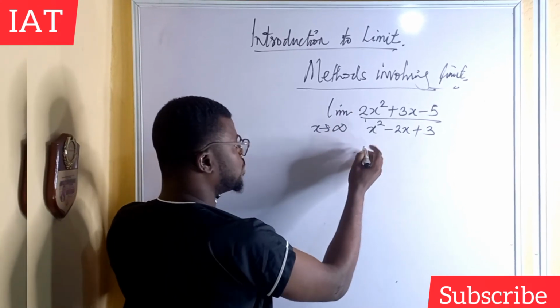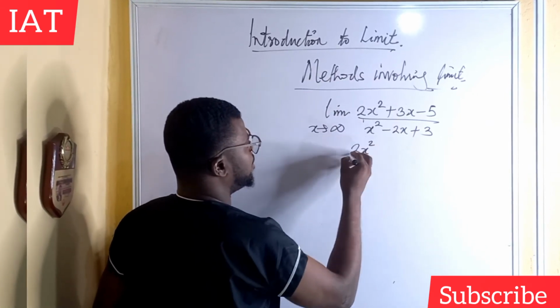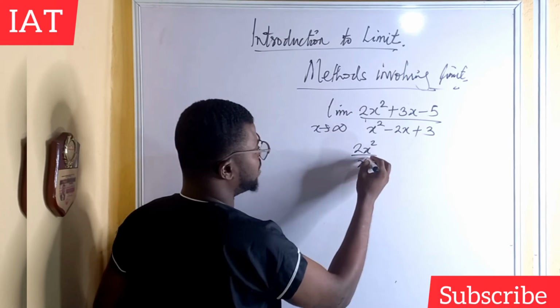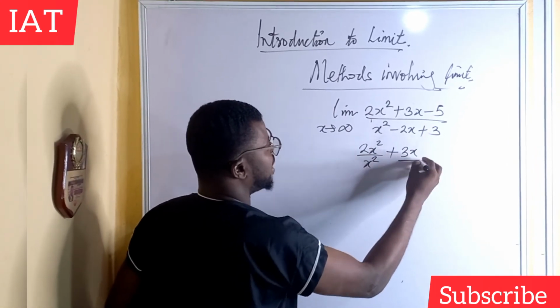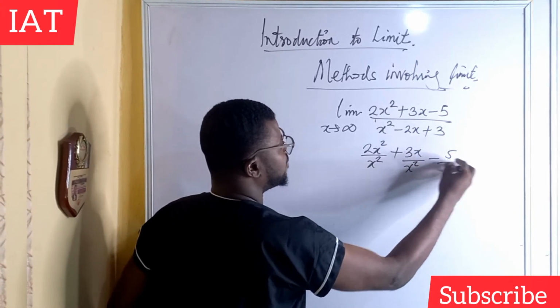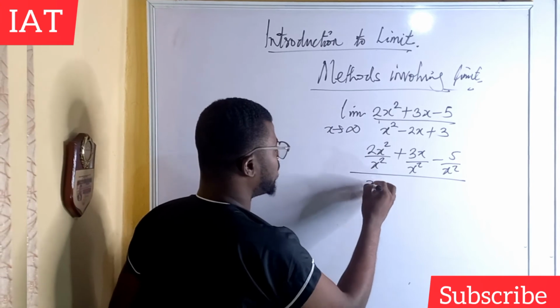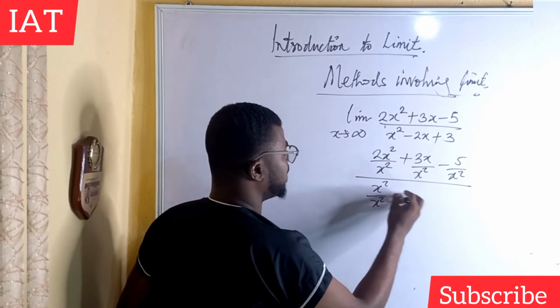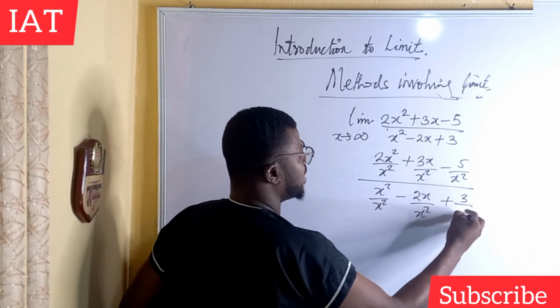So look at the solution to this problem. I will divide the numerator by the highest power of the independent variable, x squared: 2x squared over x squared plus 3x over x squared minus 5 over x squared. Also the denominator, I'm going to divide by x squared: x squared over x squared minus 2x over x squared plus 3 over x squared.